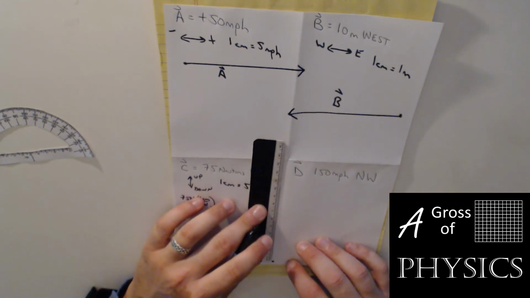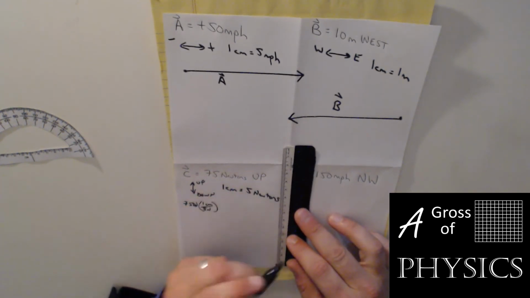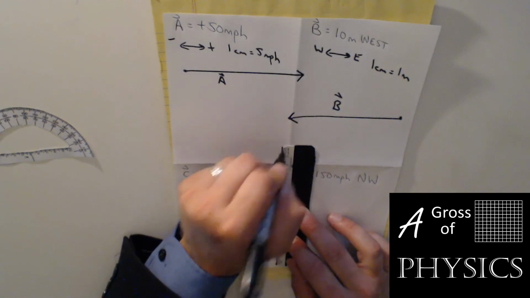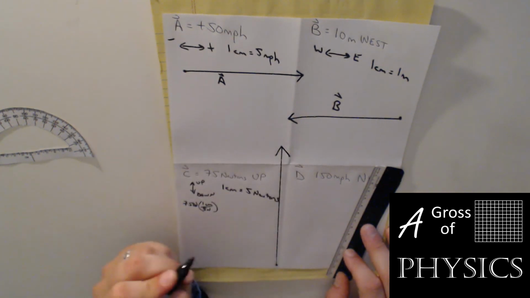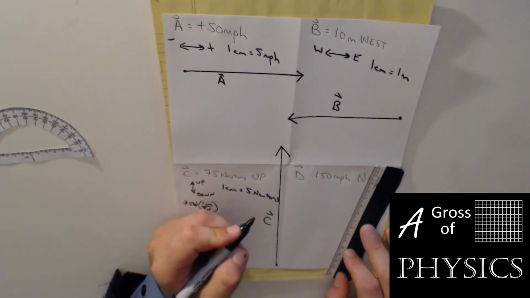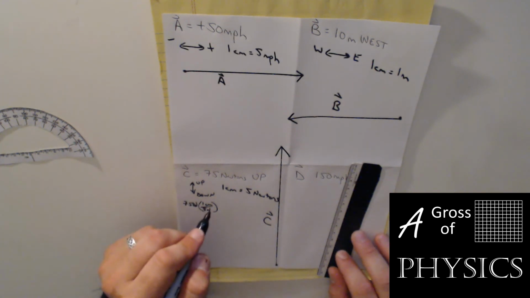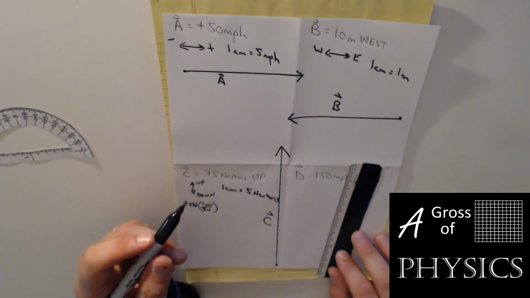I'm going to draw it over here just so that I can avoid most of what I've already written. I'm going to go all the way up to that end of this centimeter ruler, draw my arrowhead, and then list C as my value. So C is the label I'm going to use for the vector, and that's vector C.